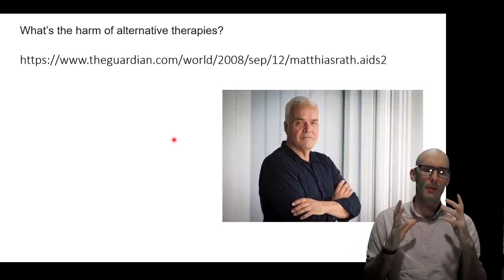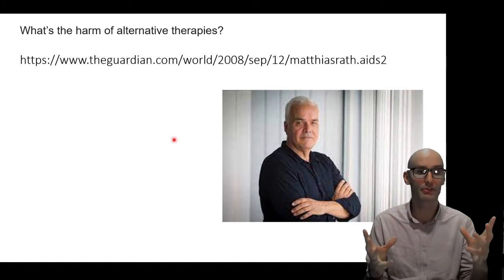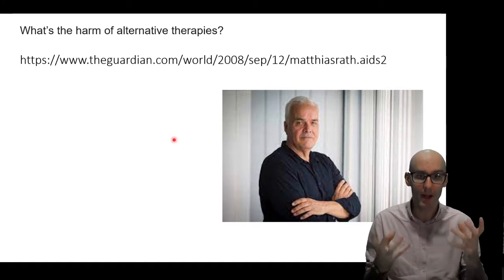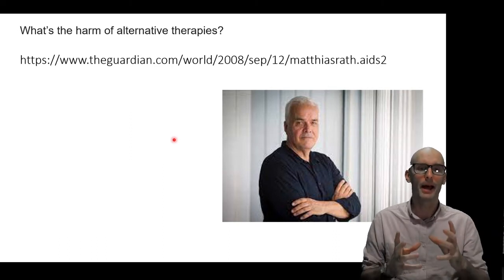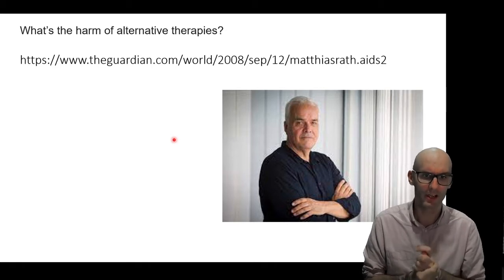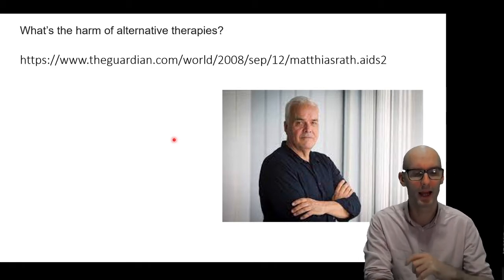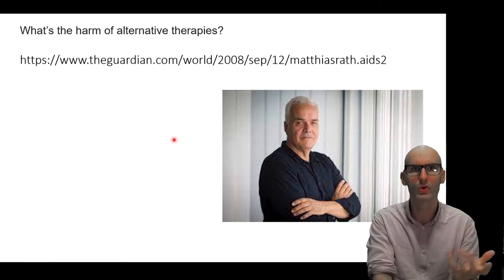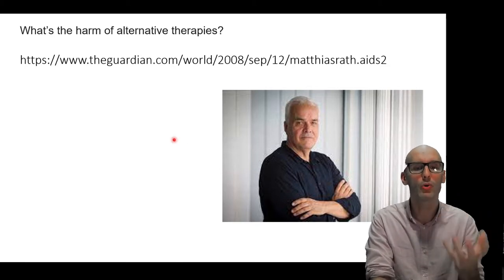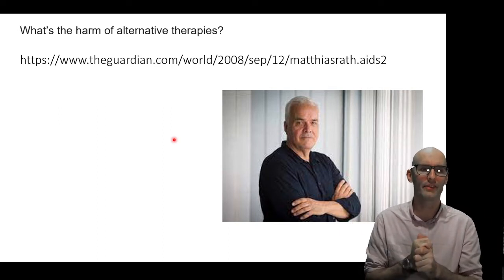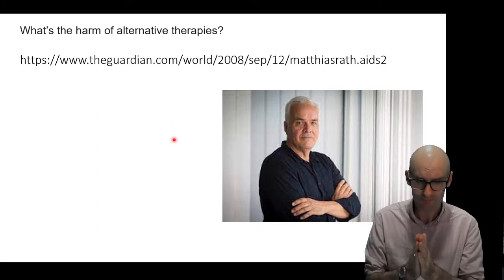And so a brilliant article, and in fact, in a chapter, an entire book called Bad Science, I highly recommend you read it, written by Ben Goldacre, made several allegations against this person here, Matthias Rath. Now, Matthias Rath, he was described in the article as an alternative medicine mogul who essentially sold multivitamins as a treatment for almost all diseases, including HIV, according to the article.